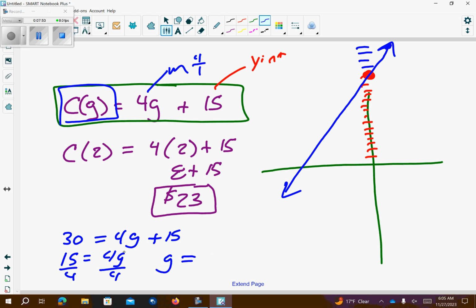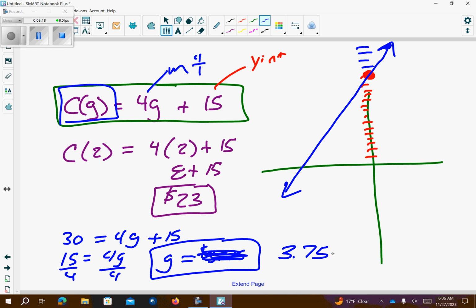On my calculator, I go 15 divided by 4, which comes out to 3.75. Actually, it doesn't cost $3.75. They bowled 3.75 games, so it looks like maybe they didn't finish the game, I guess.